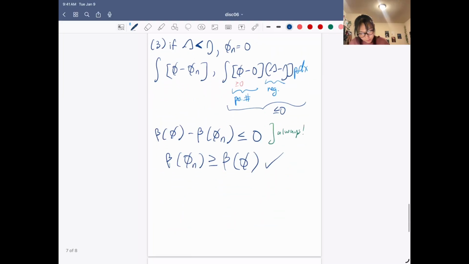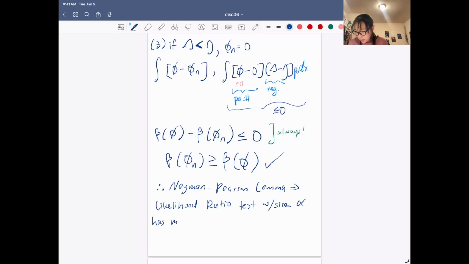And so therefore we have basically shown the Neyman-Pearson lemma, which is that the likelihood ratio test with size alpha has max power because this equation holds.